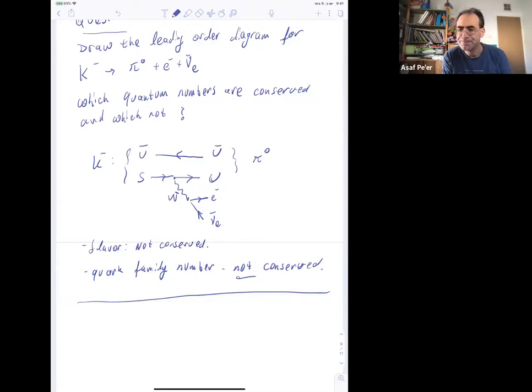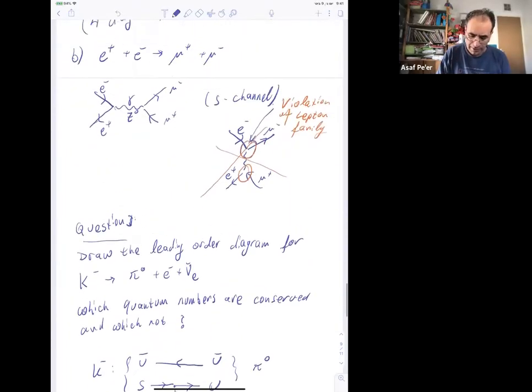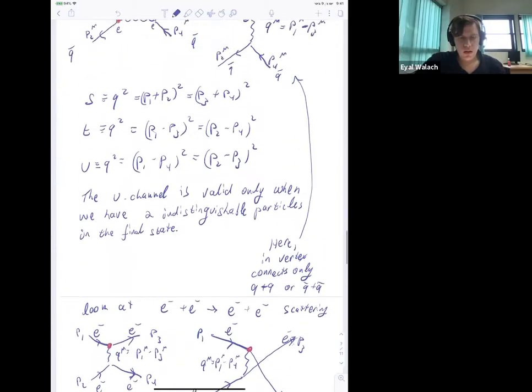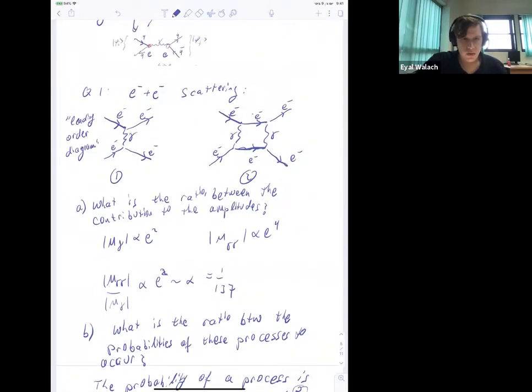I have one question about the second order that you mentioned long ago. The second order that I mentioned, yes. So we plotted the e e with two photons.